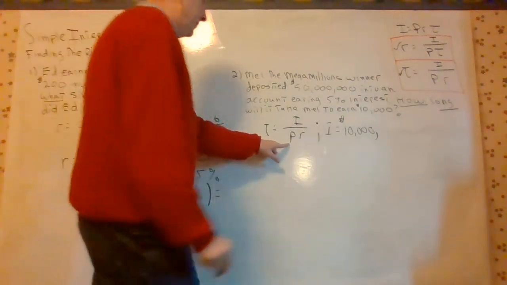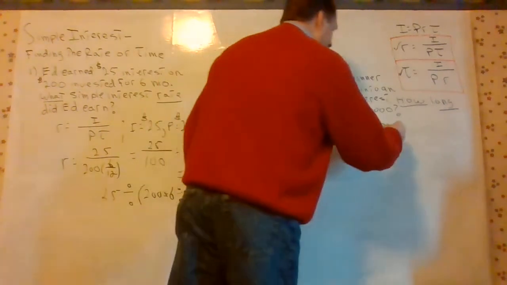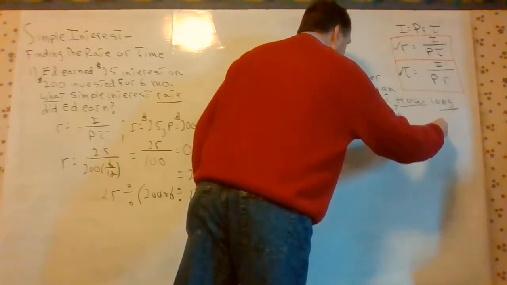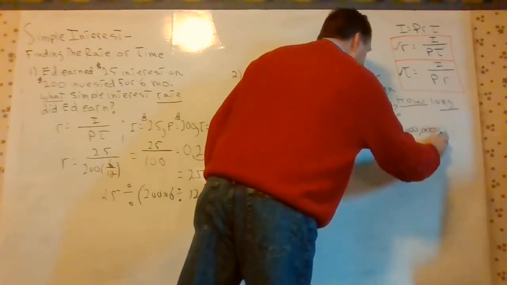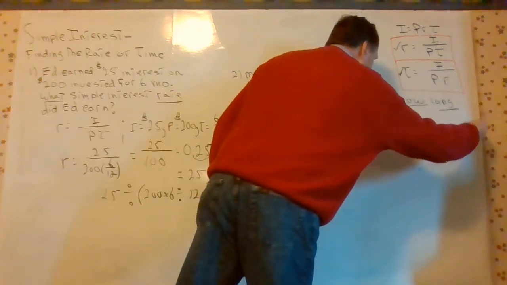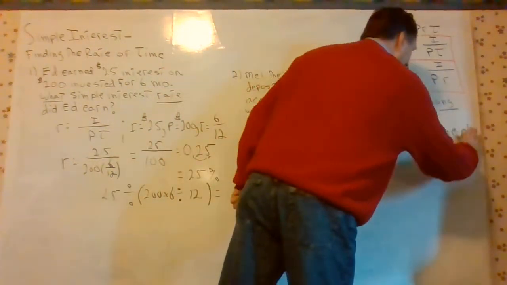And we need to define the principal. That's 50 million. And R is, oh, I made a mistake there. Sorry about that.